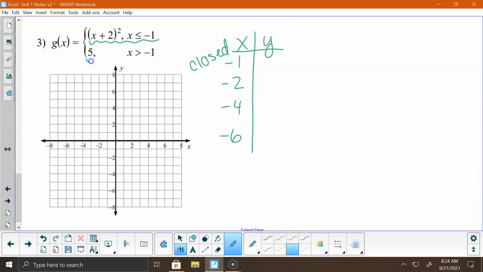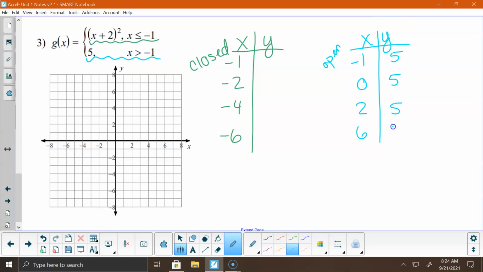And then I'm going to go light blue on that one. And we're going to start at -1, and it's open. Now, what are all of the y values going to be for my light blue one? So if I put in 0, it's still 5. If I put in 2, it's still 5. And if I put in 6, it is still 5.